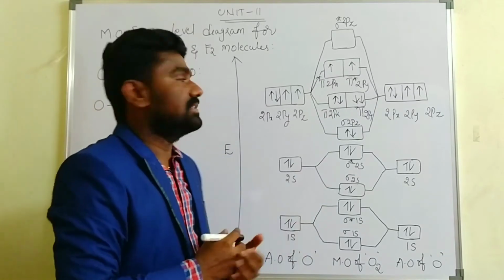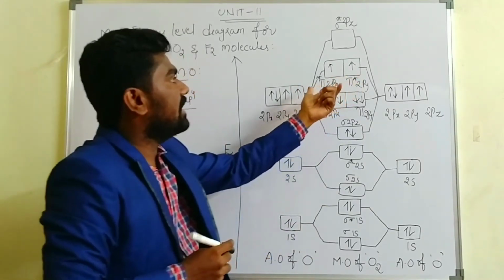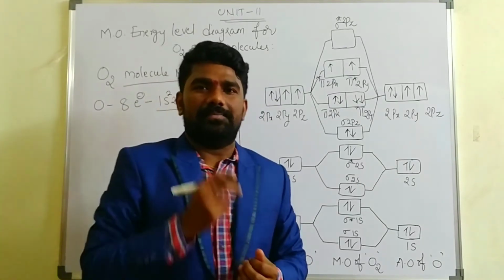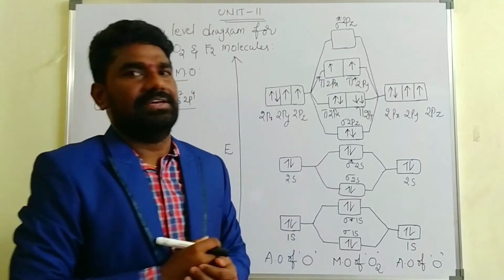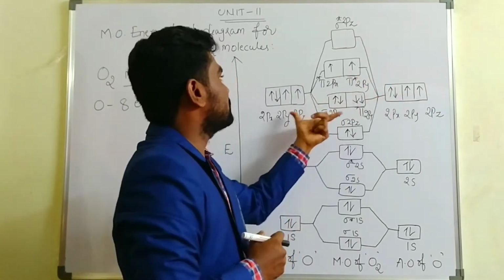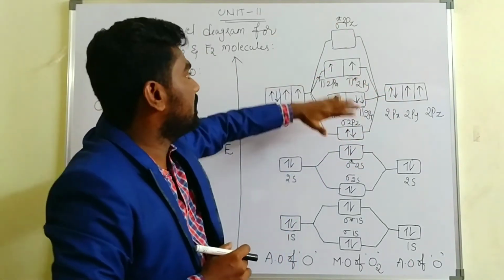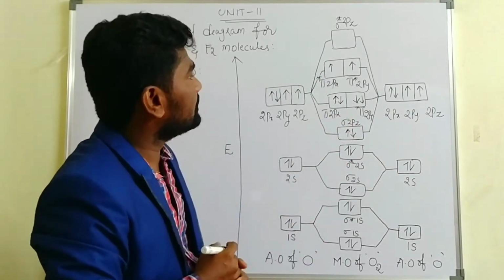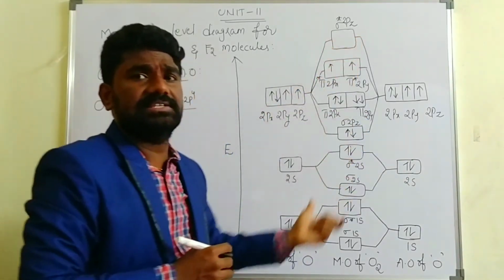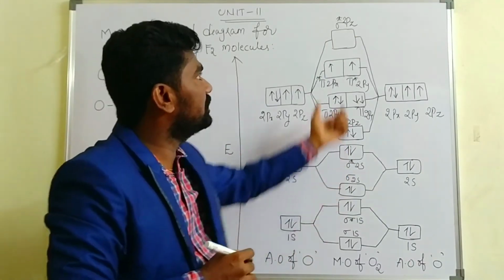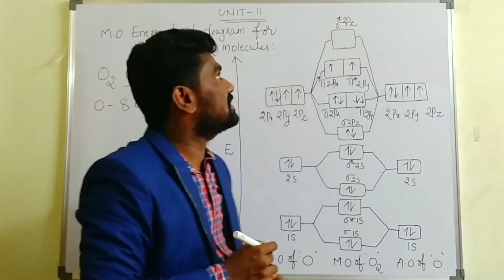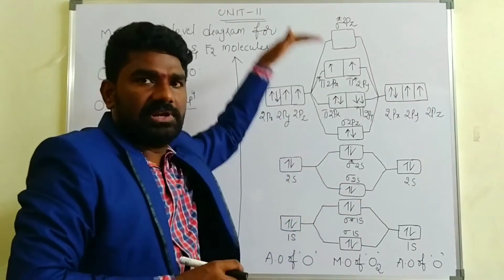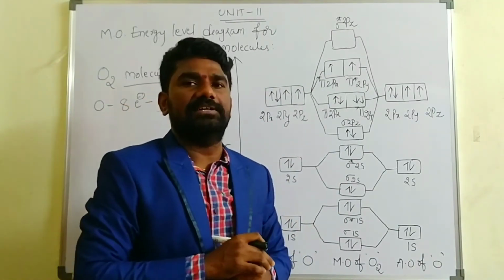Now the 8 electrons have been filled. In the oxygen molecule, only sigma star 2pz is empty. All the remaining molecular orbitals have been filled, isn't it?